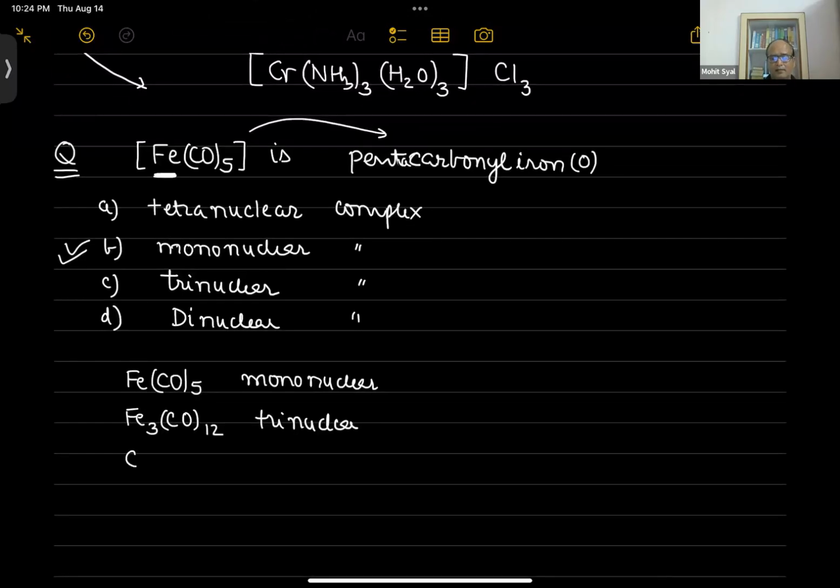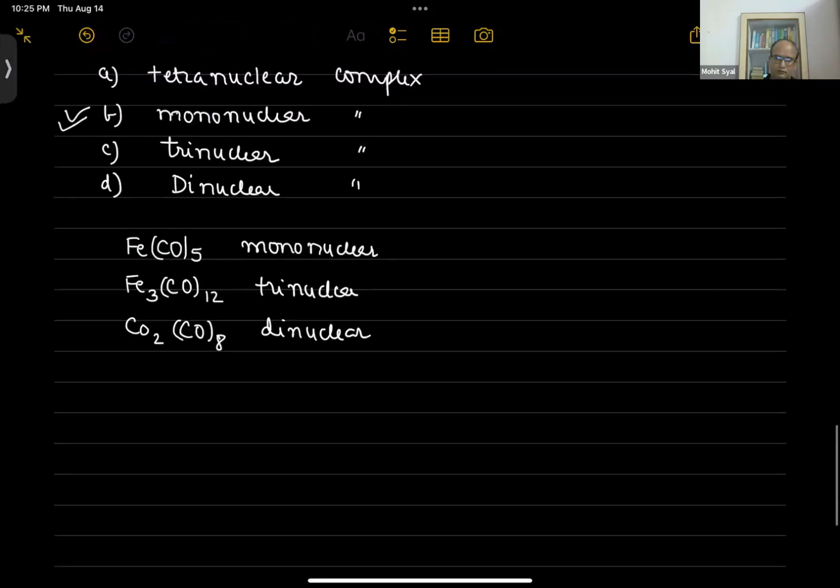And Co2(CO)8, this is dinuclear. They are all homoleptic complexes. Based on the number of metal ions, it is decided. Got it? Is it clear or not?